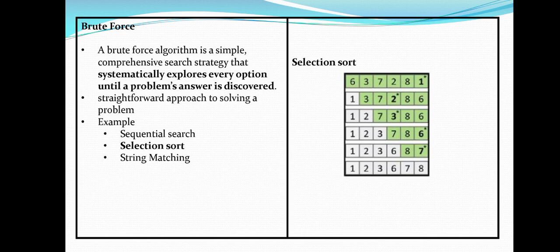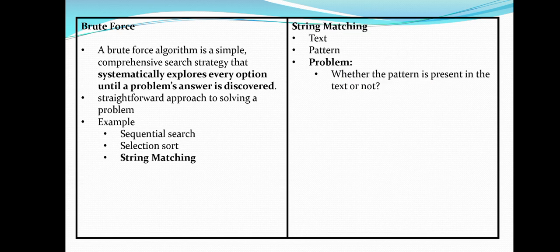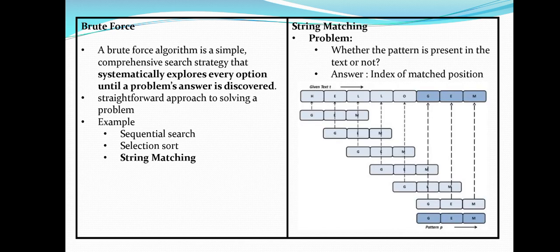The next one is string matching. The string matching problem is that we have to find whether the pattern is present in the text or not. If it is present, we have to return the matched index. Otherwise, we have to return -1, which means there is no match. What is text and what is pattern? Here an example is given.